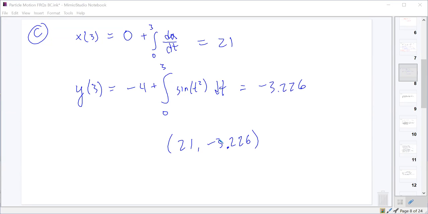Actually, I guess they didn't give a point for the ordered pair. 1 point for the integral, 1 point for the integral, 1 point for that, and 1 point for that. This should have a dt attached to it. Any questions there on part C?